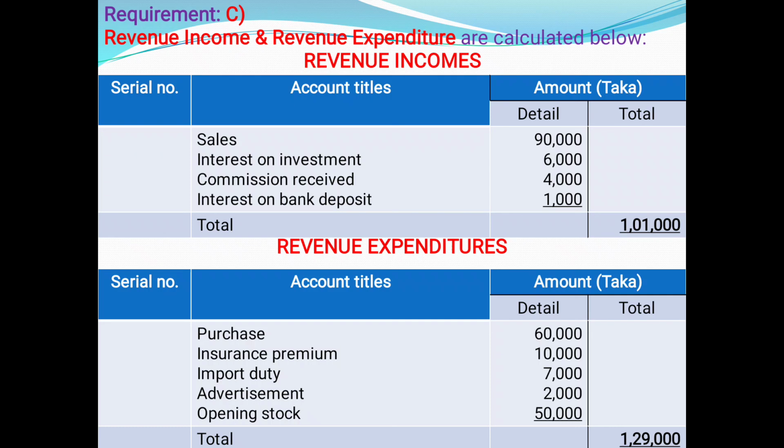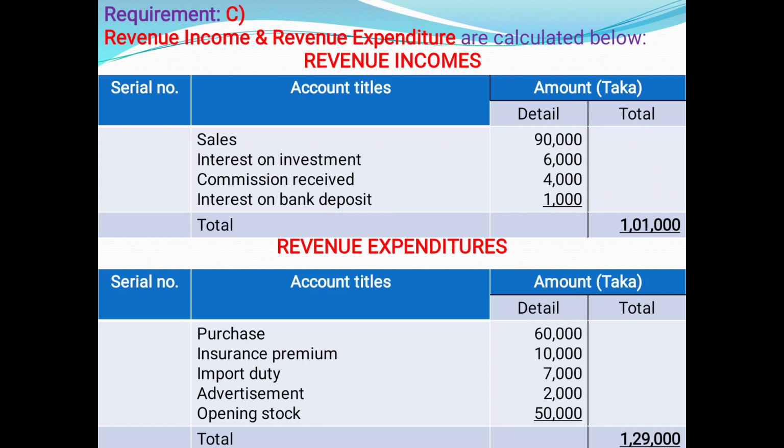For this creative question, totally 5 items are available in revenue expenditure. Number 1, purchase taka 60,000 in the detail column, insurance premium taka 10,000 in the detail column, import duty taka 7,000 in the detail column, advertisement taka 2,000 in the detail column, opening stock taka 50,000 in the detail column.